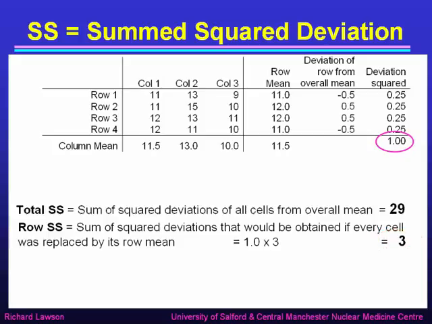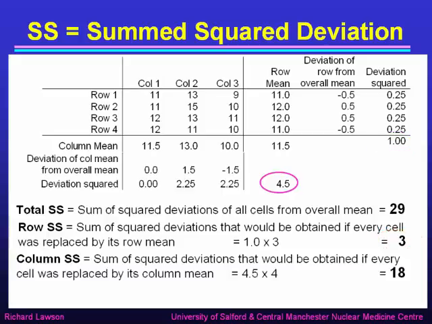If we do the same thing with columns, then the column sum of squares is the sum of the squared deviations that would be obtained if every cell was replaced by its column mean. And the column means are 11.5, 13 and 10, which differ from the overall mean of 11.5 by 0, plus 1.5 and minus 1.5.